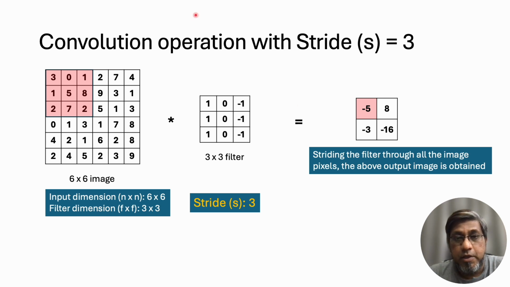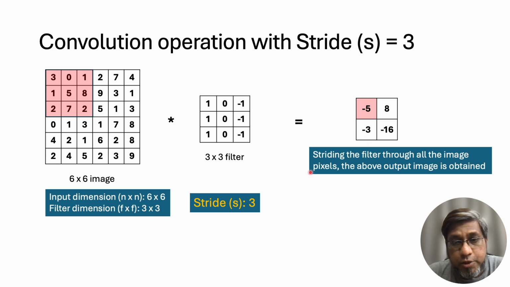So when we perform the same convolution between the same input image and the same filter, but now with a stride of 3, the stride of 3 means that this window, which is highlighted in red, after computing the first element, is shifted by 3 pixels to the right, and then subsequently 3 pixels down, and so on. In that case, we end up with a much smaller image.